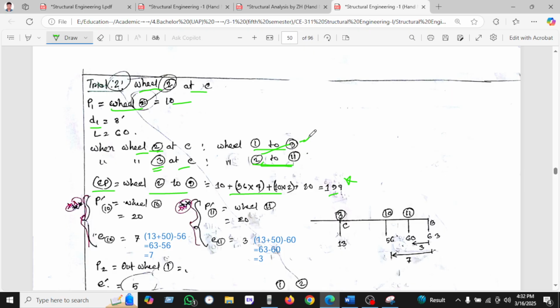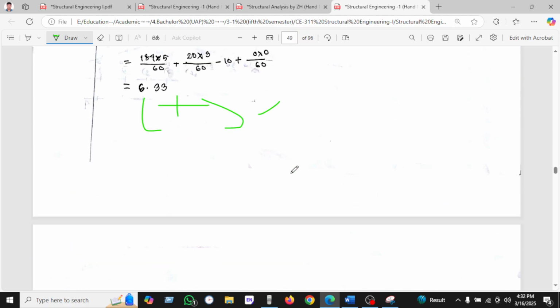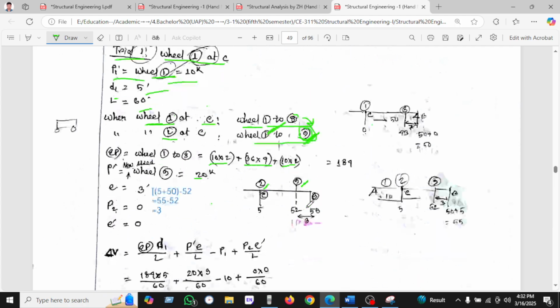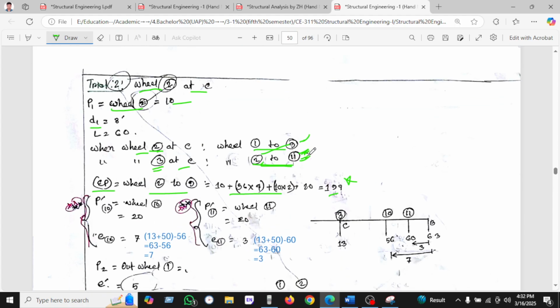We already have 9, but the new load is 2 new wheels added. Before, we saw 1 wheel added: before it was 8 wheels, and 1 wheel is newly added. So here 2 loads are added, so we will calculate it with 2.